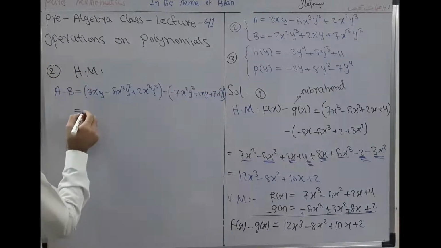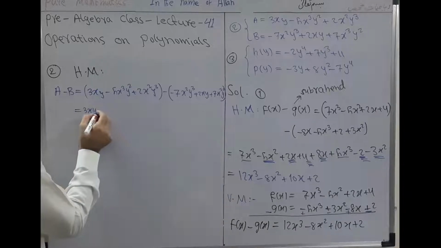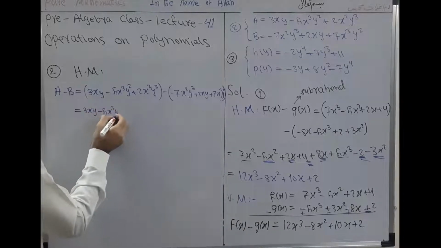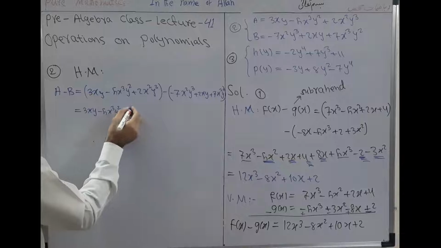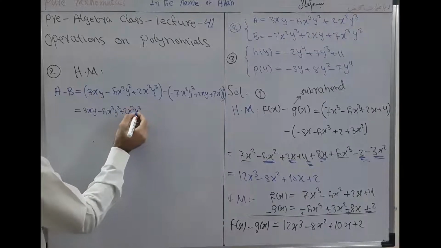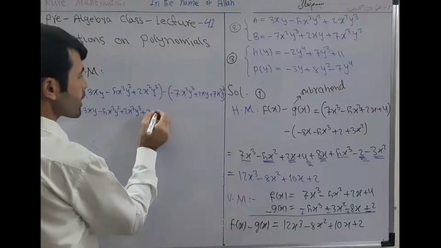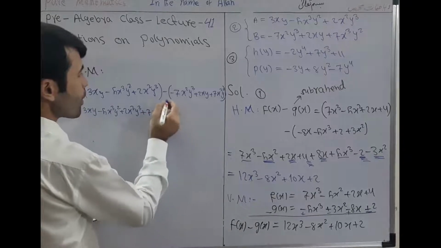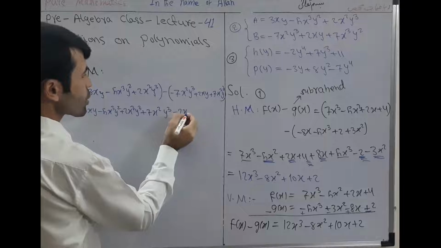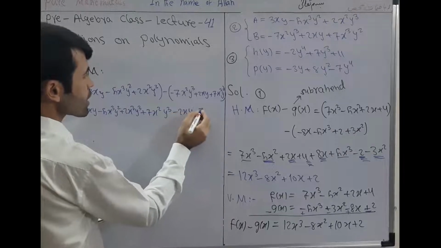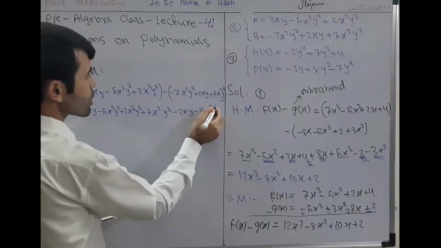Now it is equal to 3xy minus 5x cubed y squared plus 2x squared y cubed, minus multiplied by minus 7x squared y cubed, minus 2xy, minus 7x cubed y squared.